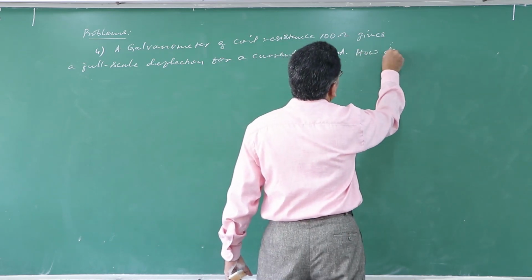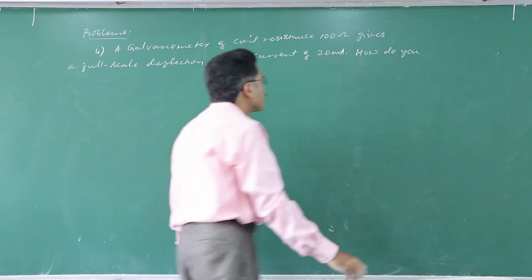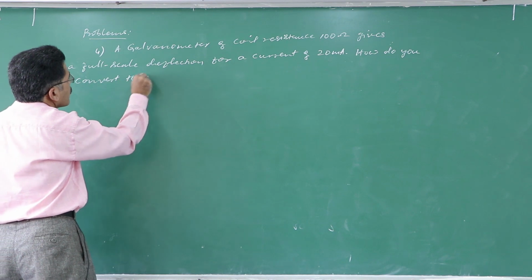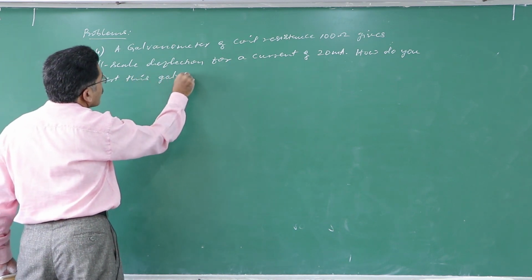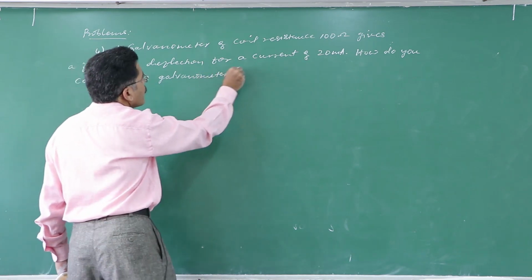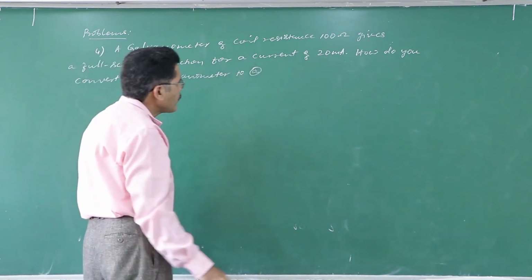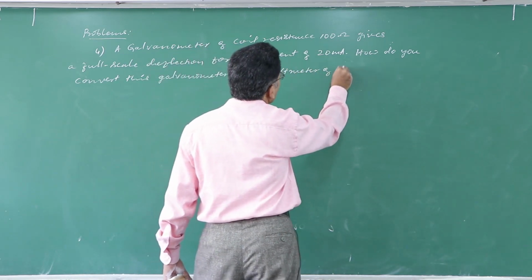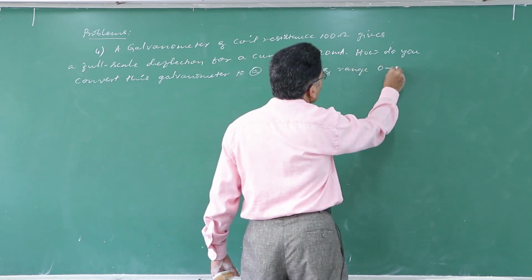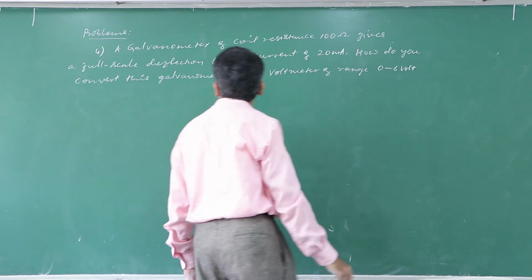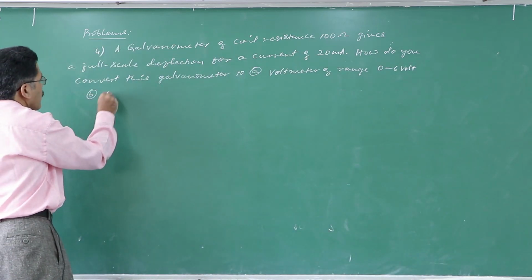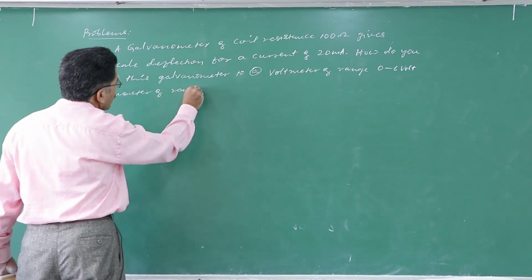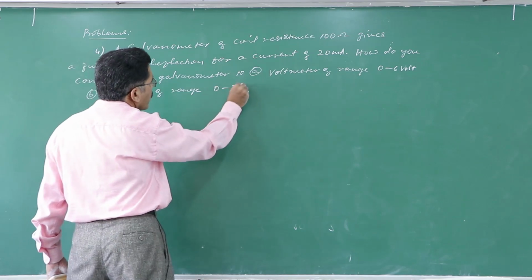How do you convert this galvanometer to a voltmeter of range 0 to 6 volt, and an ammeter of range 0 to 3 ampere?